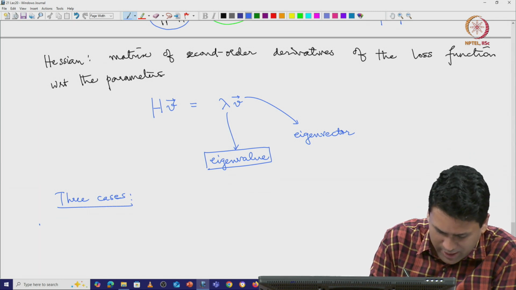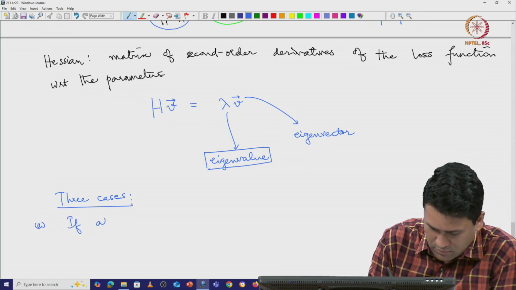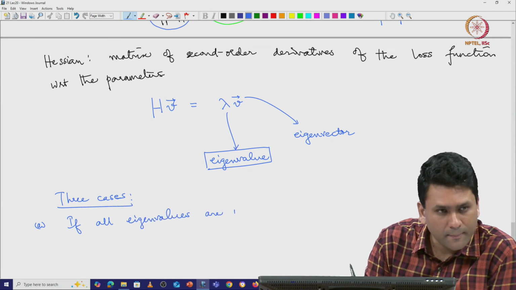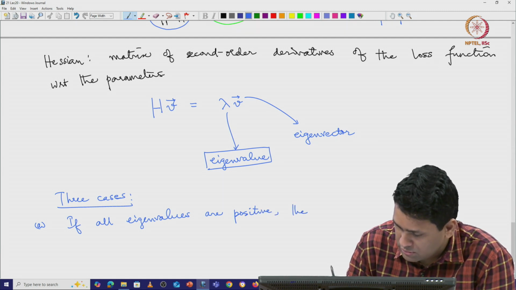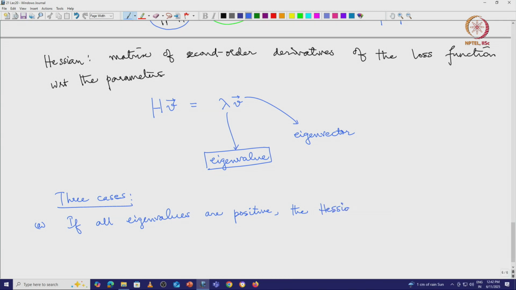So if all eigenvalues are positive, then the Hessian is positive definite. This is a new term that we are introducing here. The Hessian is positive definite and the point considered is a local minimum.